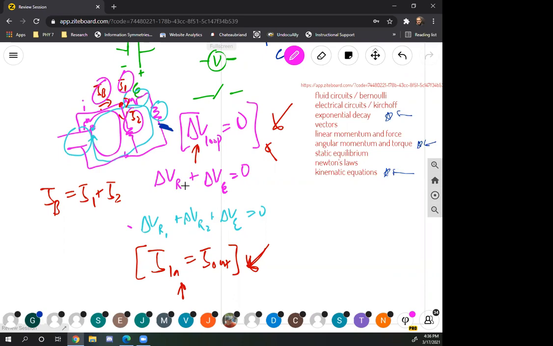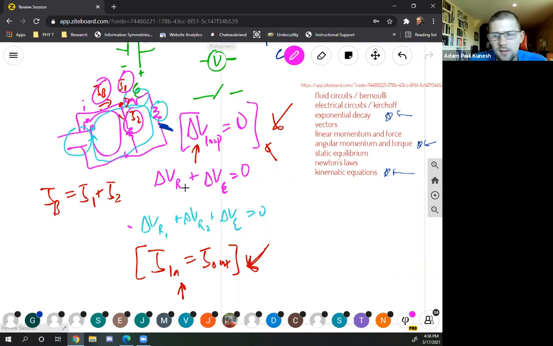Yeah. So there's a couple of ways. I think the easiest way, the one that's going to be least computationally expensive in terms of your time, is to find each of the currents by applying the loop rule. So you do the pink loop and the blue loop. Once you have those two, you know the currents through each of these, I1 and I2, and the sum of those has to be the battery current.